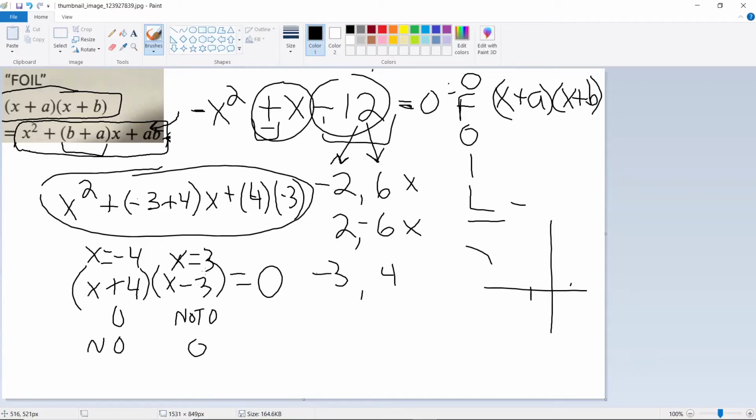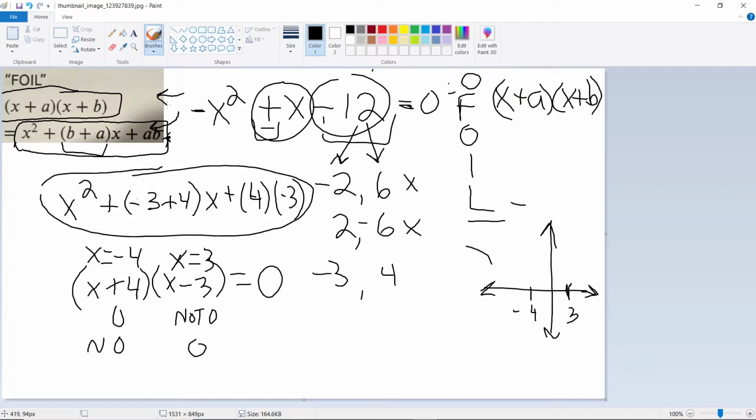Those are the values of x, where this thing, negative 4, let's say that's over here, and positive 3 is over here. Those are the values where this function equals 0. In other words, where it crosses the x-axis. So that's the purpose of this fact that they just gave us.